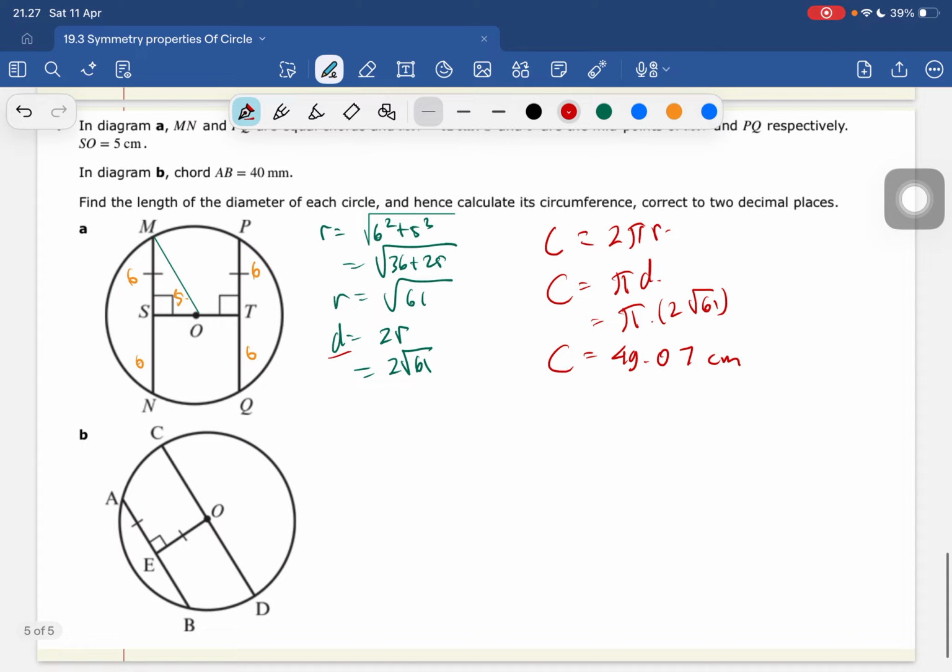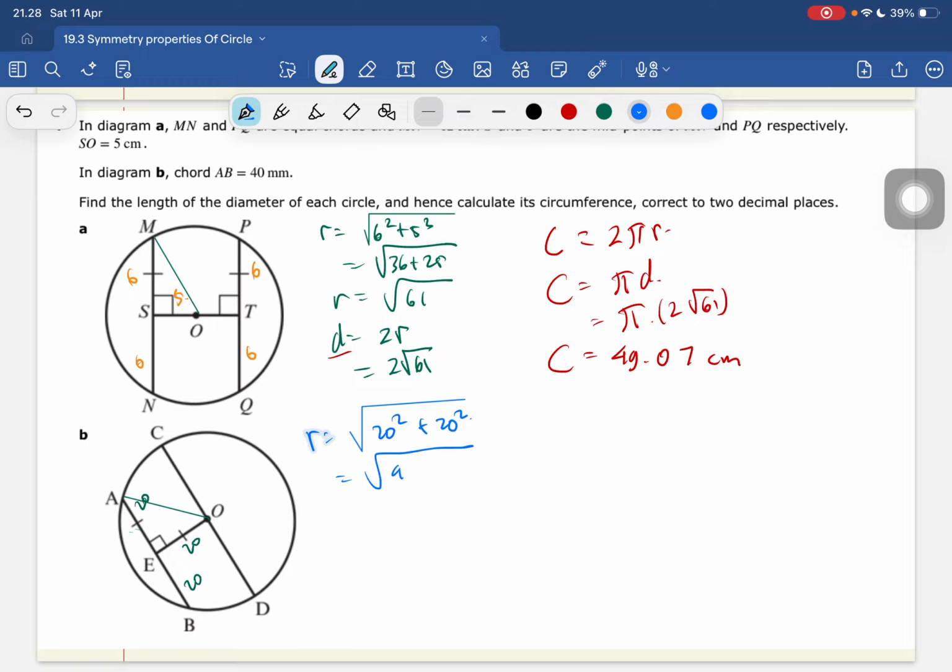Diagram B, the chord AB is 40. If this is 40, so it's 20, 20. Here they are equal, so it's also going to be 20. To find the radius from the center, just take it to the outside vertex. So here is the hypotenuse. To find the radius, we use radius equals the square root of 20 squared plus 20 squared.